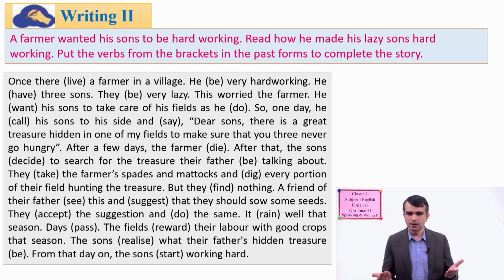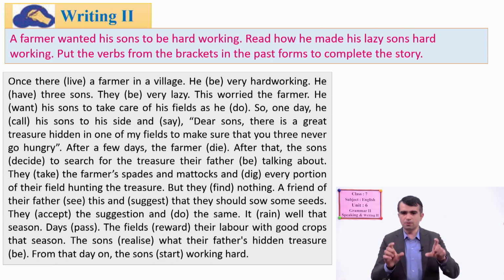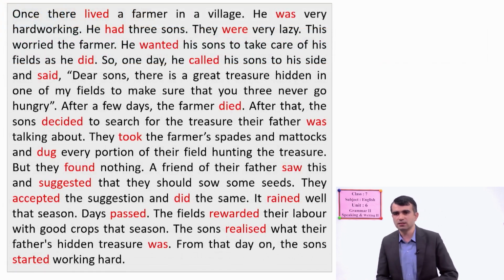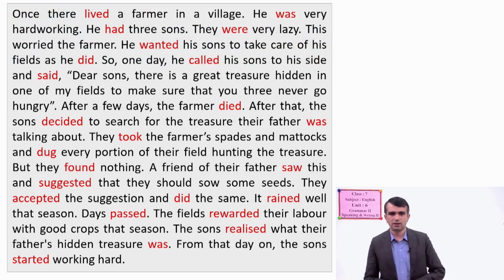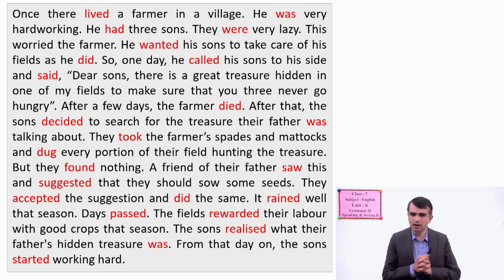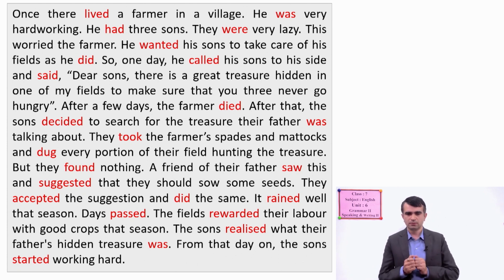Write in your exercise book. Copy the story using appropriate forms of the verb. And then your story becomes like this. Once there lived a farmer in a village. He was very hardworking. He had 3 sons. They were very lazy.